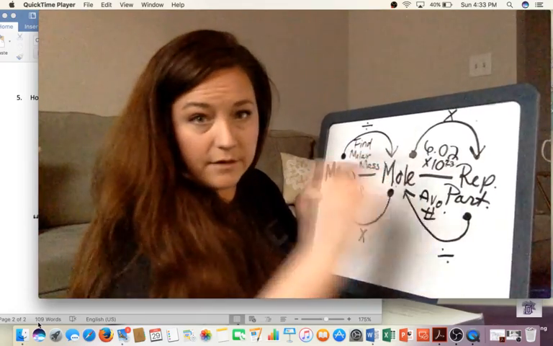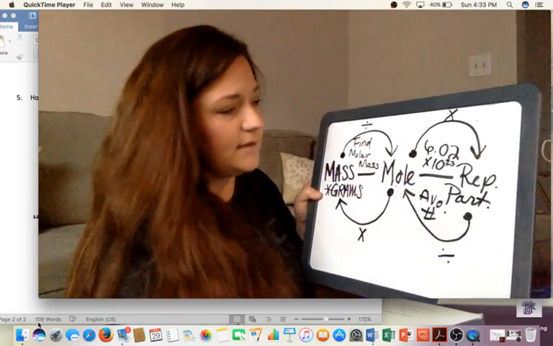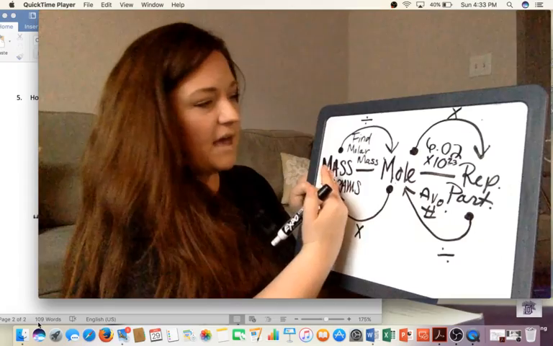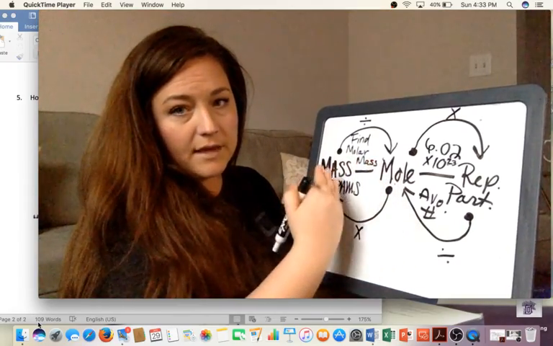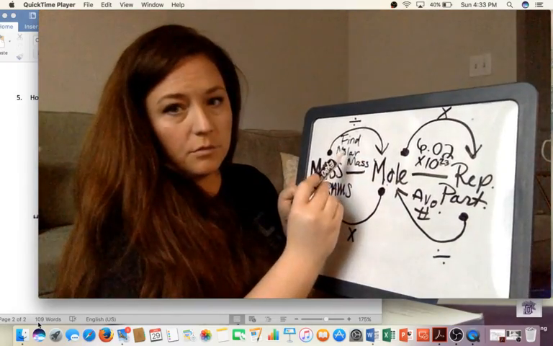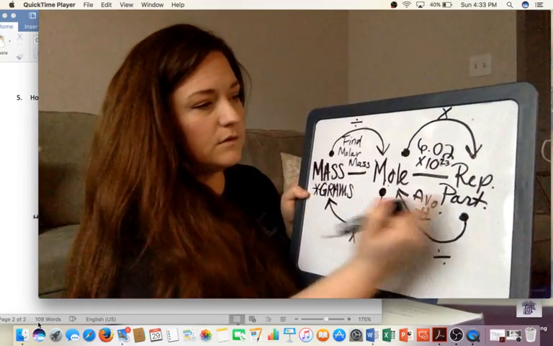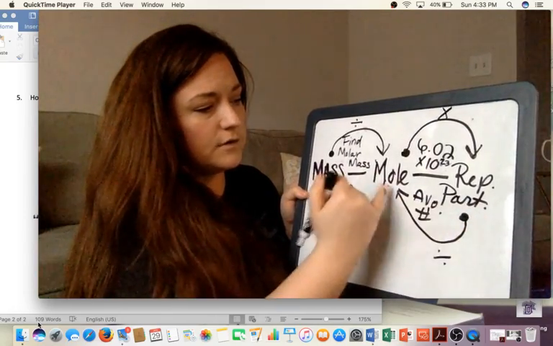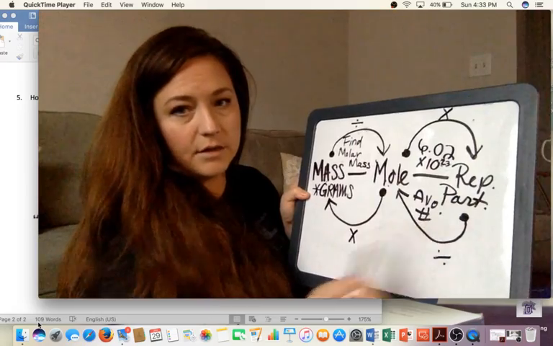There are 2 conversion processes that we do. Mass to moles, mole to mass, you have to use the molar mass. Moles to representative particles to moles, you use Avogadro's number. Okay.